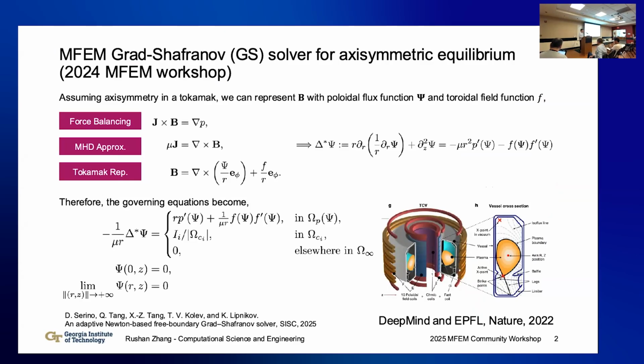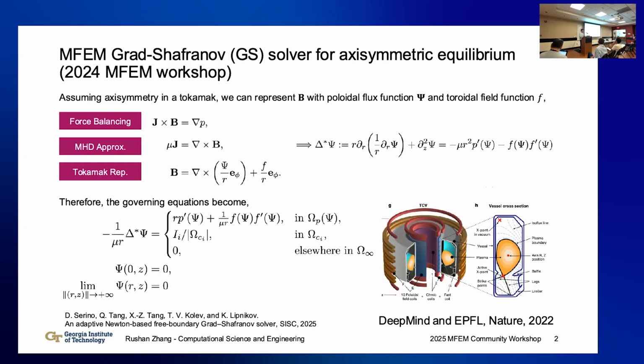The GS solution is derived from the MHD equations. It is the MHD equation with an extra assumption, an axial symmetry assumption.